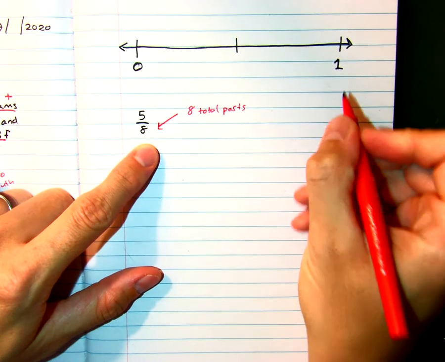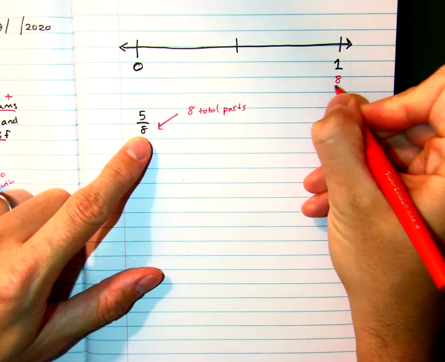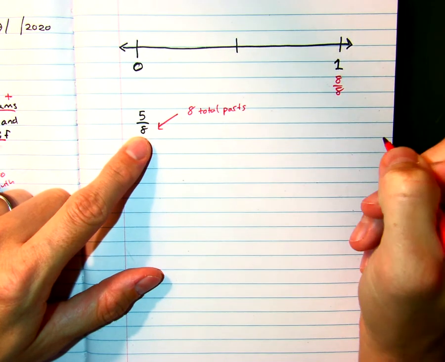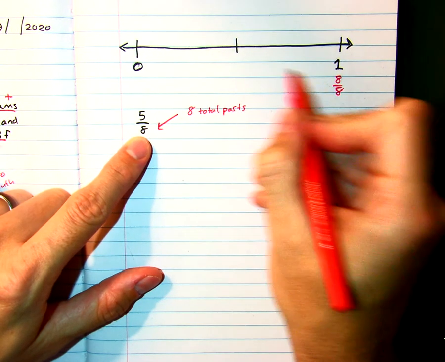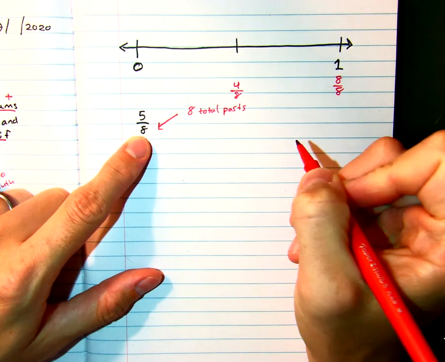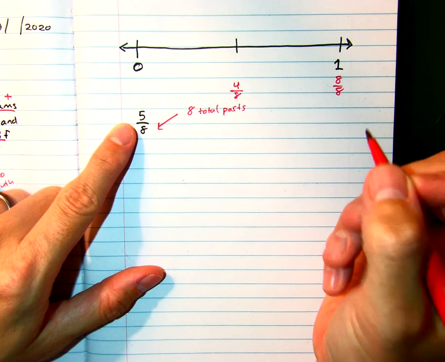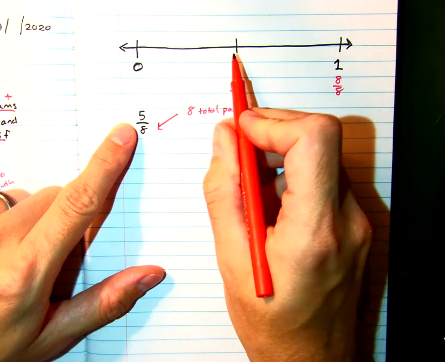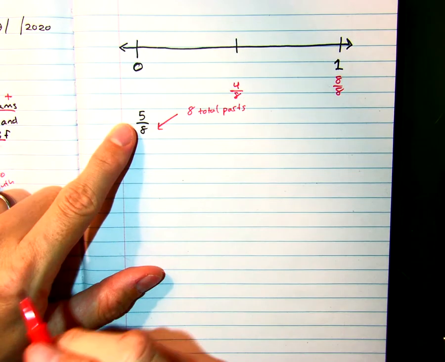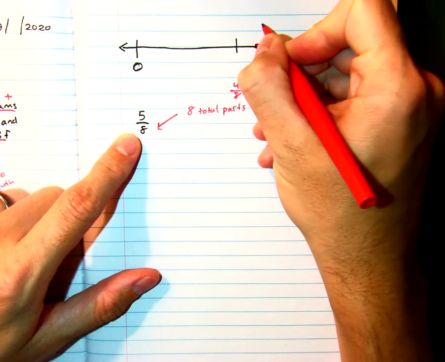If I had to make an equivalent fraction for 1, it would be 8/8 is equal to 1. So if this is 8/8, halfway would be how many over 8? 4/8. So let's look. Where would 5/8 go? To the right of the middle or to the left? I think it would go right about here. So I could say 5/8.